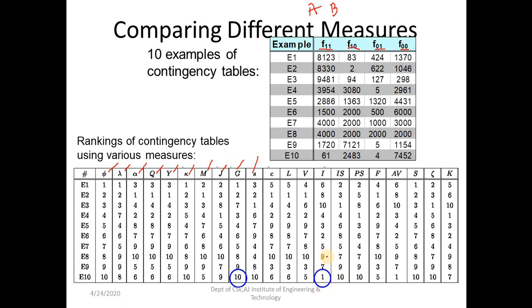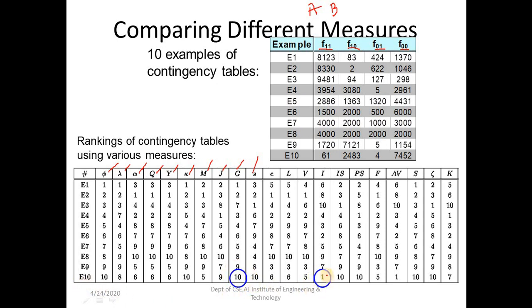Here it is telling that interest is the most interesting measure for example 10 because it has a ranking 1, and Gini index is the least interesting measure, since it has a ranking 10.